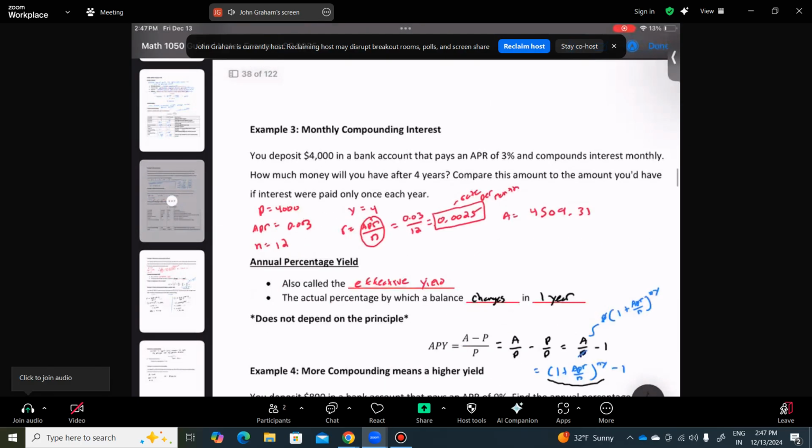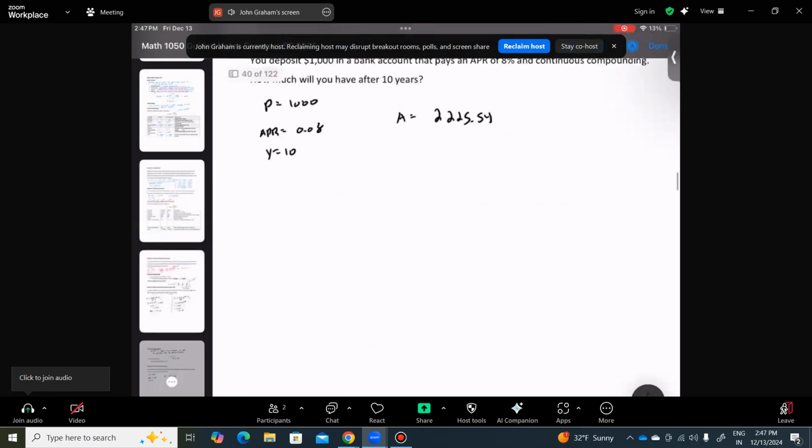The three formulas though you'll want to remember at this point then is A equals P times 1 plus APR over N, to the NY. And here, annually is N equals 1. N equals 2 is semi-annually. N equals 4 is quarterly.